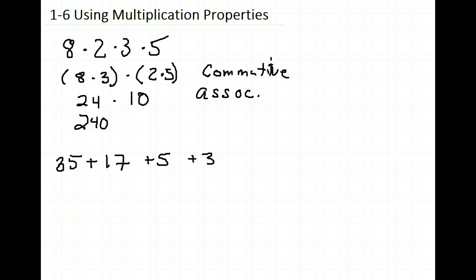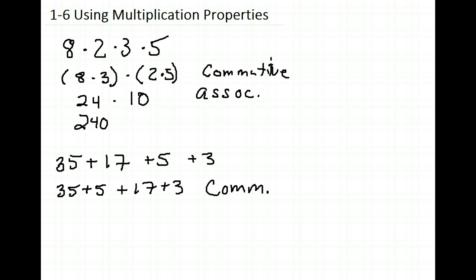So we have a 35 and we have a plus 5, and if you put those next to each other, then we come up with a nice round number. But we also have 17 and plus 3. That also gives us a nice round number. So let's first reorganize this. So we have 35 plus 5 plus 17 plus 3. And this is the commutative property.